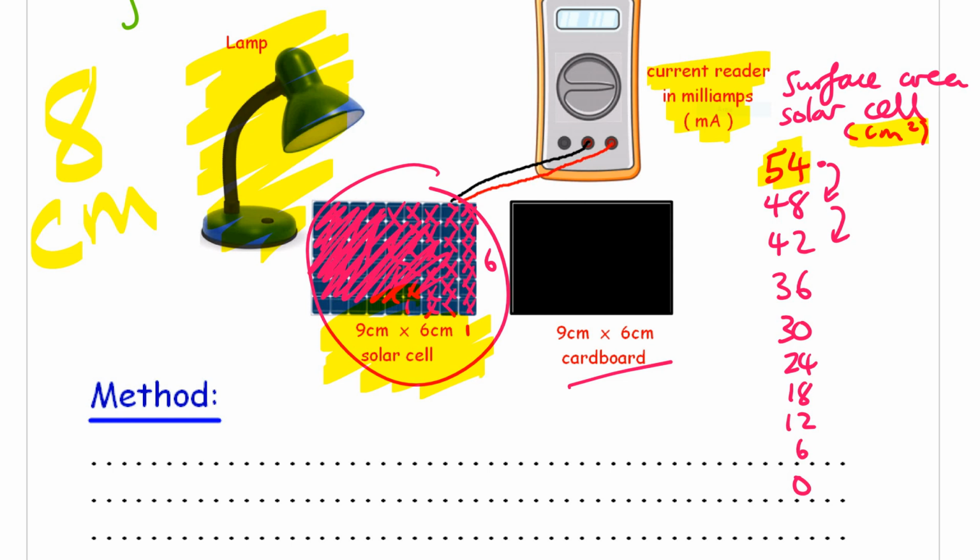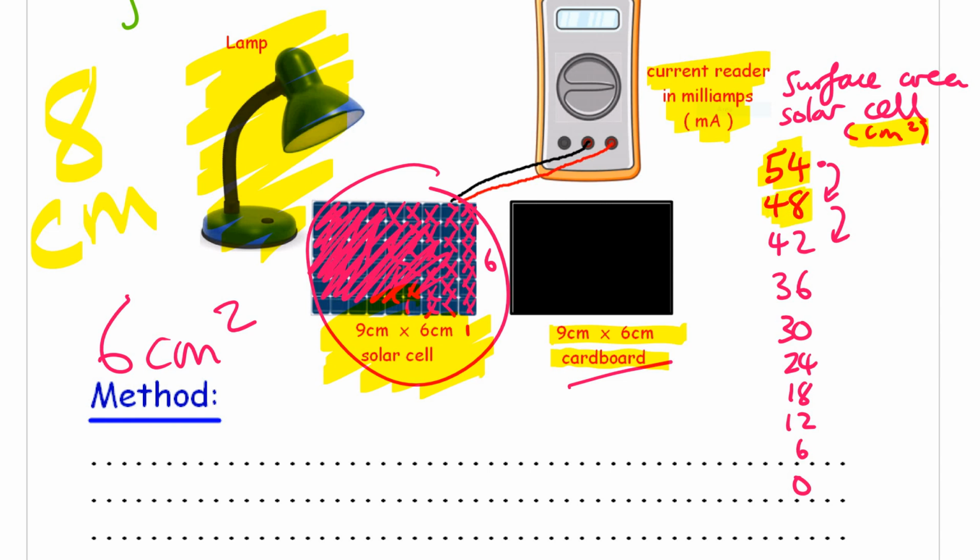Using a 9 centimeter by 6 centimeter black cardboard, cover the solar cell by 6 centimeters squared. So you are reducing the surface area of the solar cell. It was at 54 centimeters squared.